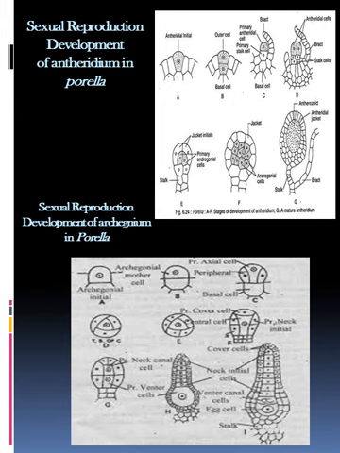When the anthrozoids, or sperms, are mature inside the antheridia, the wall of the antheridium bursts, and they go through the water current to the egg cells present in the flask-shaped archegonia. So oospores are formed. Oospores are the result of fertilization.